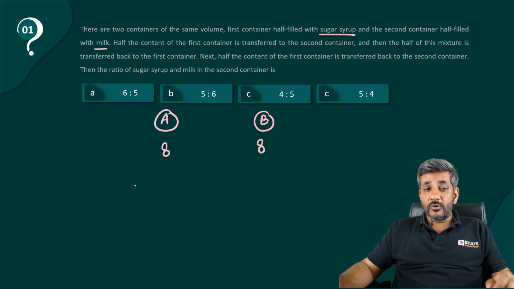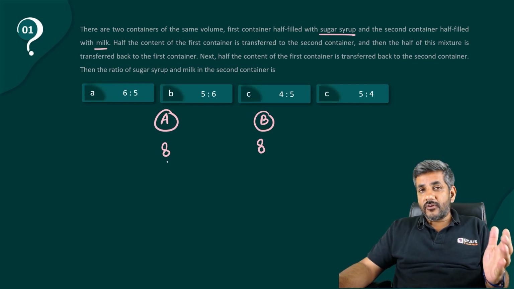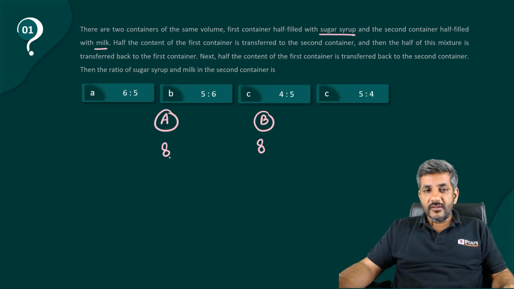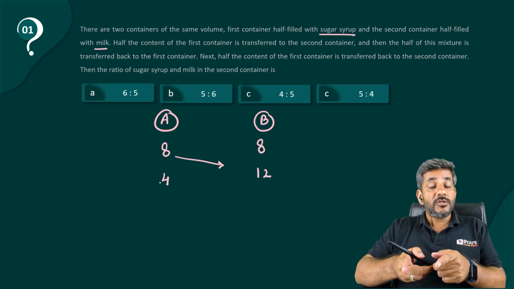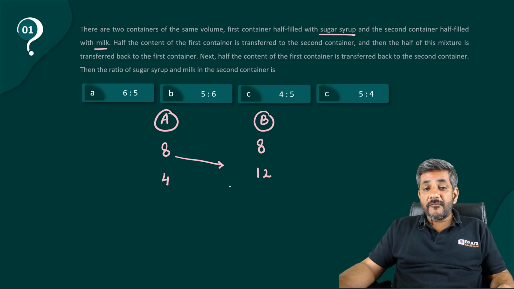First of all, what did we do? Now currently I'm talking about the total quantity. Half of the total quantity from A is transferred to the second. So if half of 8 goes there, I will have a total of 12 over here and 4 over here. I'm talking about the total here. Then half of that 12 is transferred over there. From 12, 6 comes over here. So I have 10 over here and 6 over here.